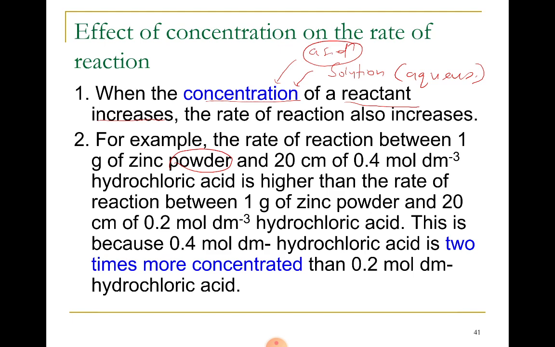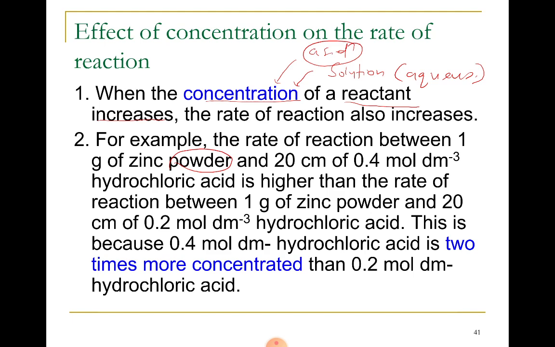So di sini we need to make sure that our zinc or our metal kita kena constant, kalau eksperimen 1 powder, eksperimen 2 pun powder. We only want to study the concentration.